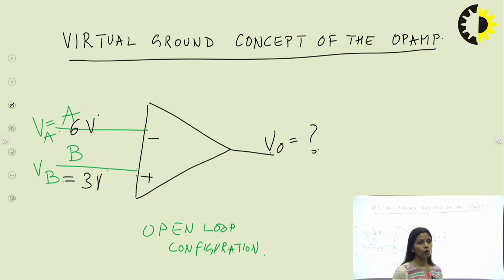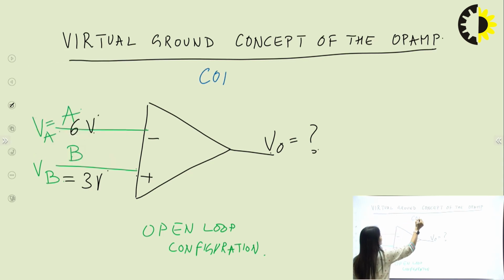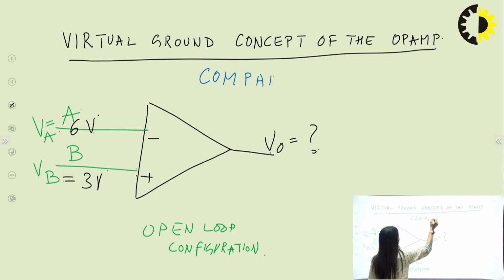For open loop configuration, the OPAMP works as a comparator circuit, and it has only two possible outputs, that is plus VSAT and minus VSAT. This is the concept for open loop configuration. So in this configuration, the OPAMP is going to work as a comparator circuit.